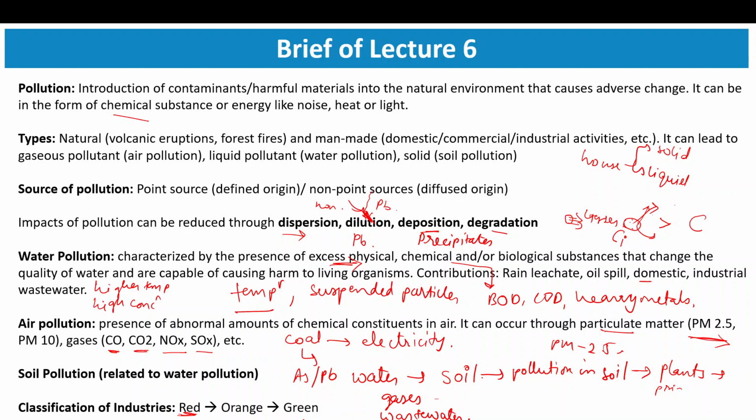Now, depending on the type of industries, the pollution control boards, because obviously our aim is to control the pollution so that minimum impact on environment is observed, minimum health hazards are observed, okay, and we have a better place to live. So for that, there are central pollution control boards and state pollution control boards, and those pollution control boards impose some laws for the discharge of pollutants in the environment.